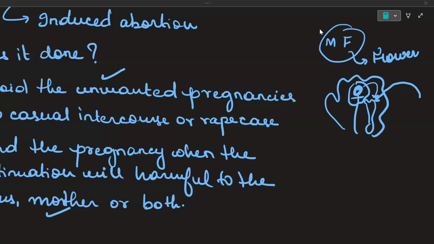The second method is the diaphragm or cervical cap, which is used in females. And the third one... There's no third one, right? Very good. I'm impressed.